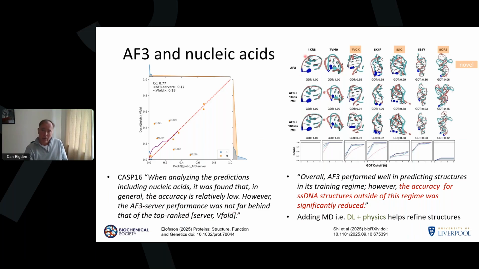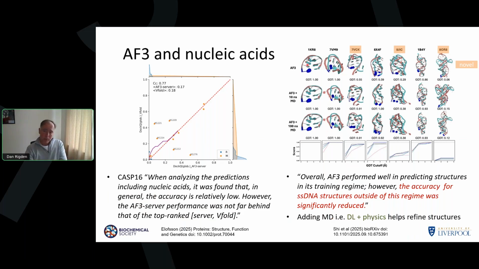Another paper here, they were looking at AlphaFold 3 modeling of DNA hairpins. Two interesting things here. Again, this message that where this structure is quite novel compared to what is seen before, then the performance is indeed reduced. But the second message here, which again you'll see repeatedly, is that deep learning and physics can complement each other, and you can get the best performance by a pipeline that includes them both.